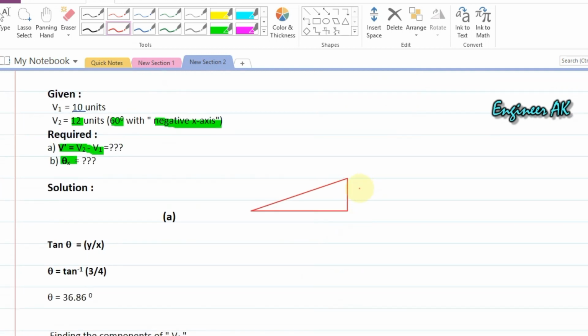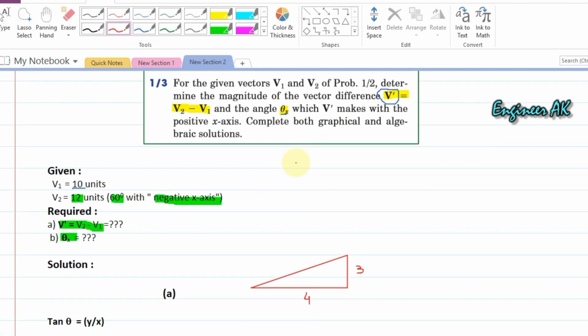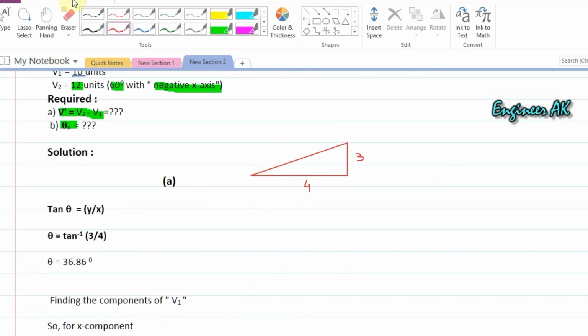So here this distance is 3 and this distance is 4. With the help of this we can easily find this angle that the v1 vector is making with the positive x-axis, right? This angle theta.